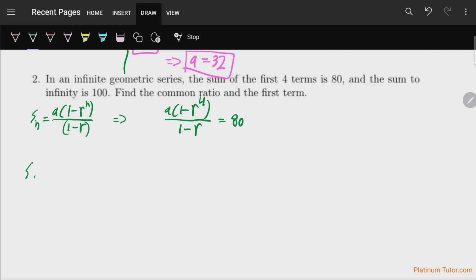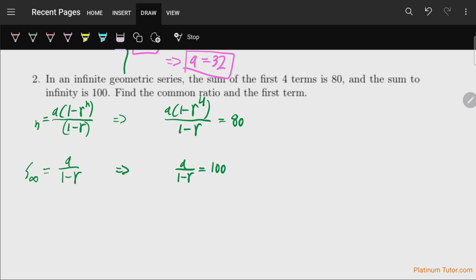Okay, we also can use our infinite sum formula. We know that the sum of the terms, the infinite series, is 100. So we can write that a over 1 minus r is 100.